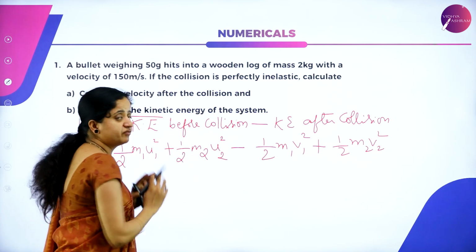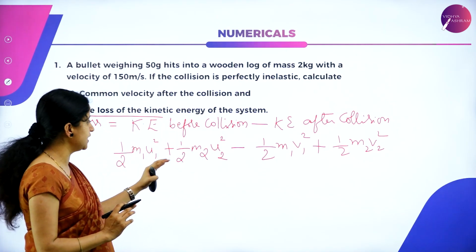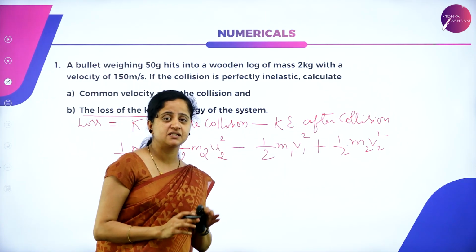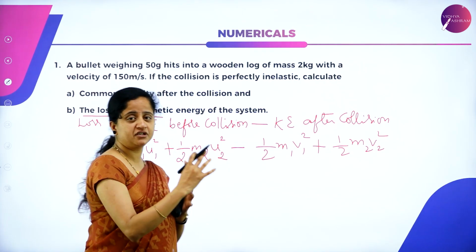So kinetic energy of the system before collision, that is sum of kinetic energies of both the objects, minus kinetic energy of the system after collision, that is sum of kinetic energy of two objects after collision.